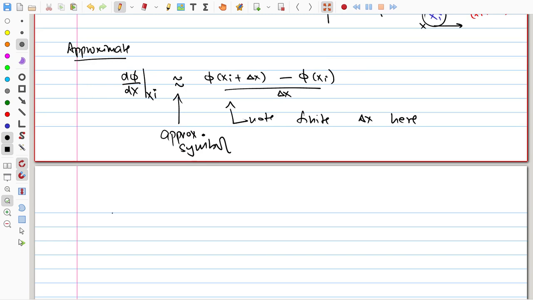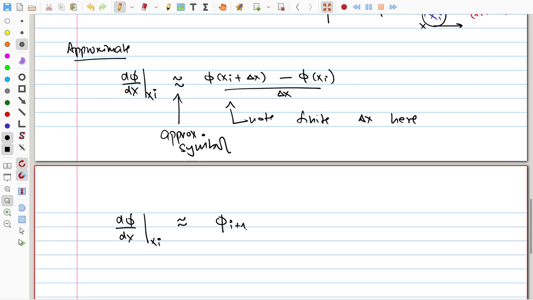Okay, so just to make things a bit more compact, let us keep the approximate sign. So, rather than saying phi at xi plus delta x and so on, we will use the symbol I plus 1.